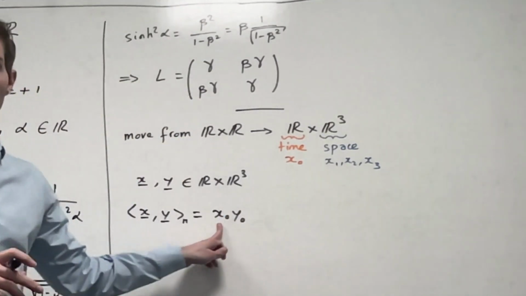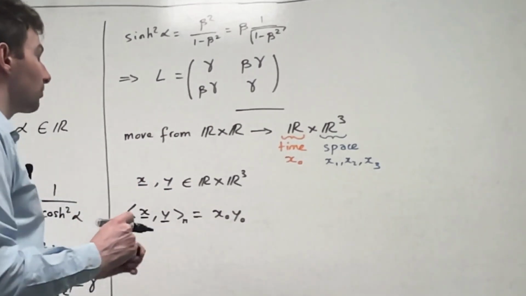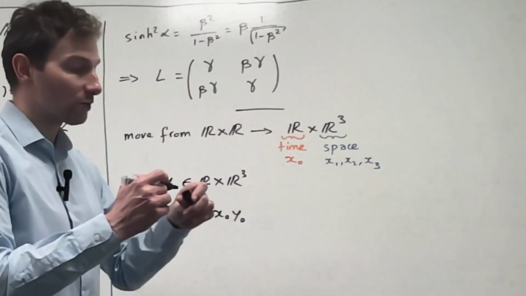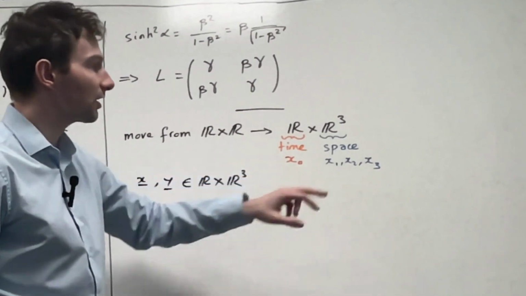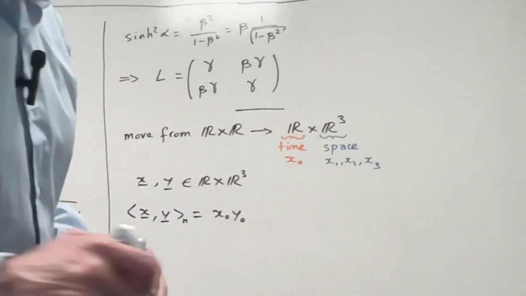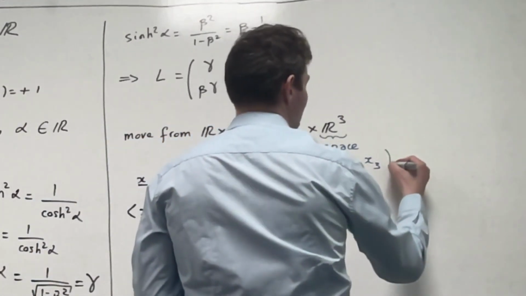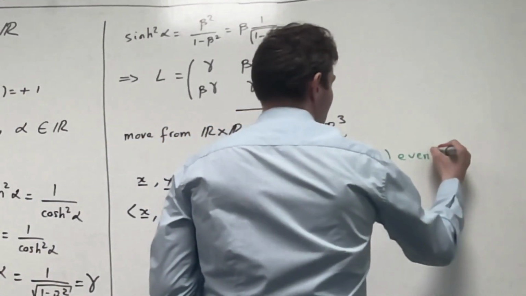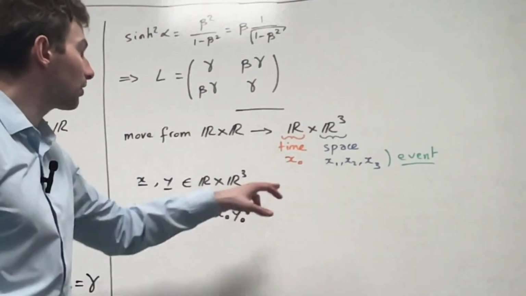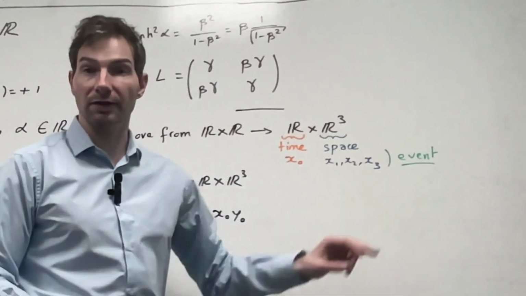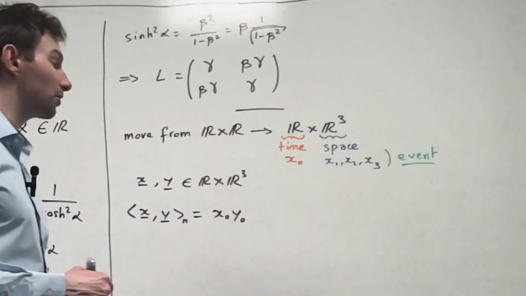So again, this 0 corresponds to some sort of time coordinates. By the way, these things here do not represent positions of things. Well, they do in a sense, but essentially this object here, characterized by giving these things, is going to correspond to the notion of an event. So any of this collection of coordinates gives you an event. And so here you've got basically two events, and you look at the inner product between these two events.